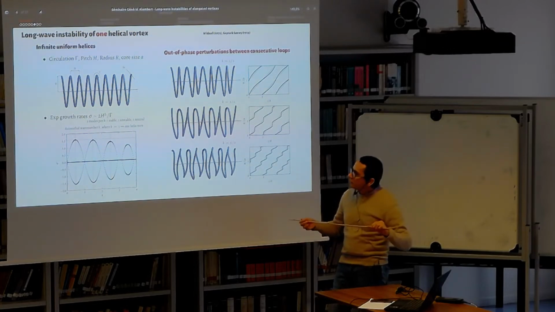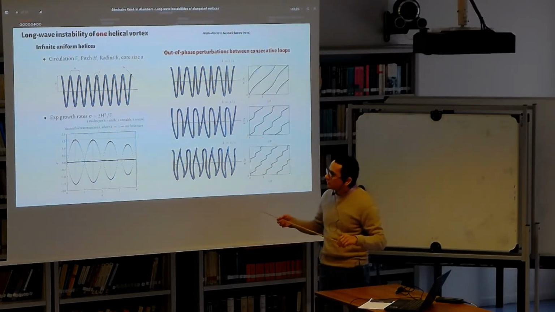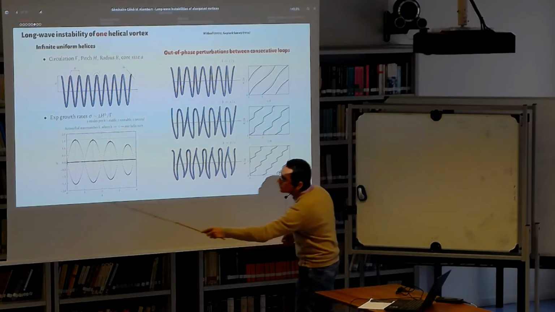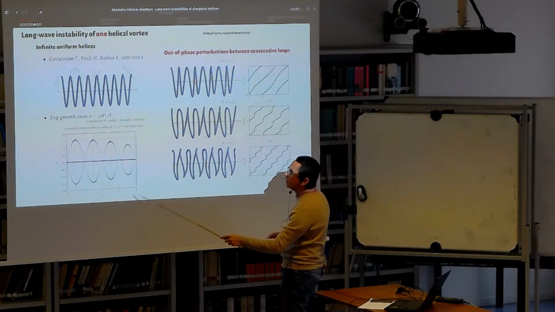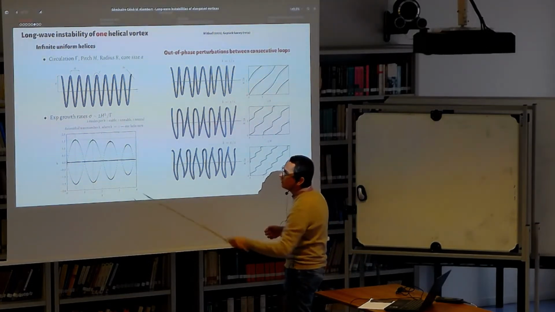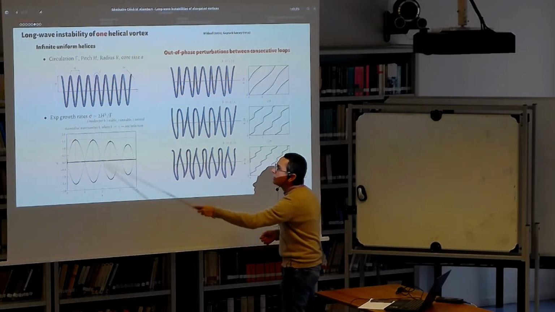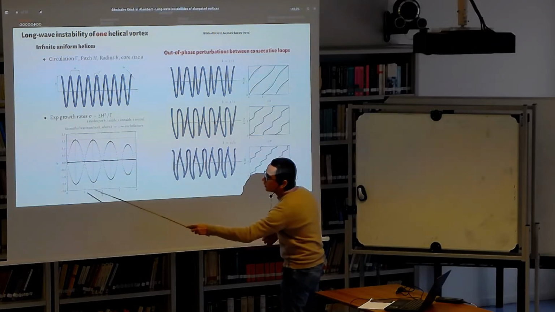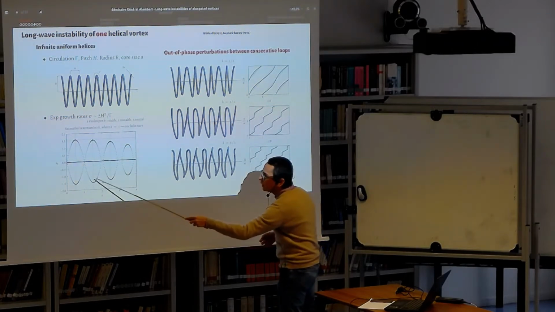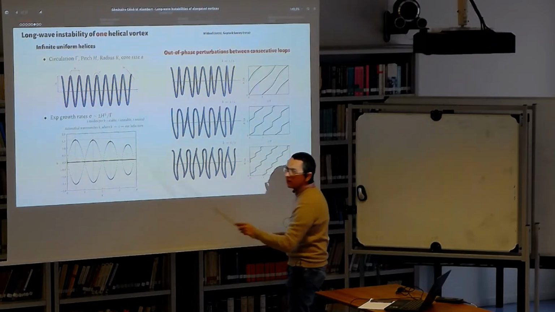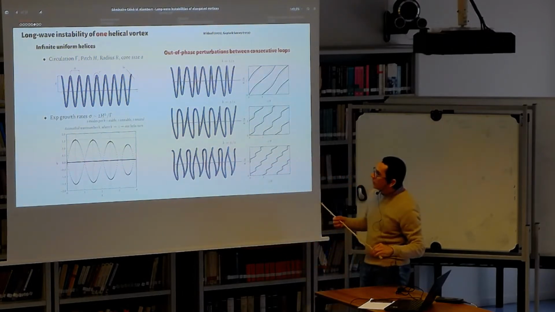So if we express the growth rate of the instability as a function of k, for a typical case we get a diagram like this that is characterized by local maximums in the growth rate for multiples of k equals 1/2, 3/2, 5/2, and so on.